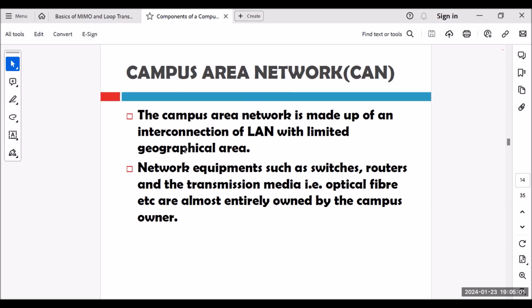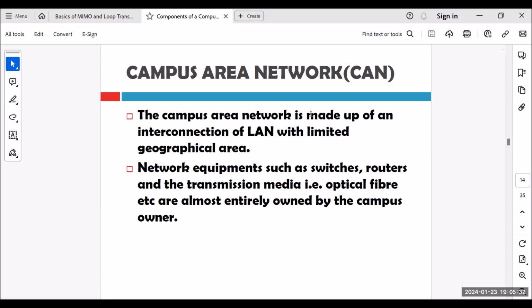For the limited geographical area, we have CAN, where the network equipment such as switches, routers, and the transmission media, that is optical fiber, etc., are almost entirely owned by the campus owner. So this is the thing that matters the most, because the equipment such as switches, routers, and media is owned by some campus owner.